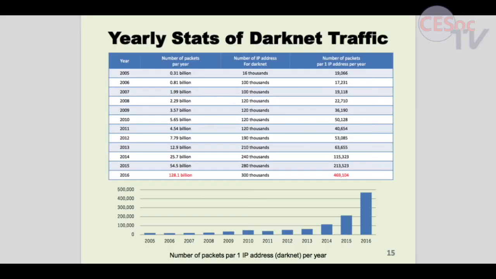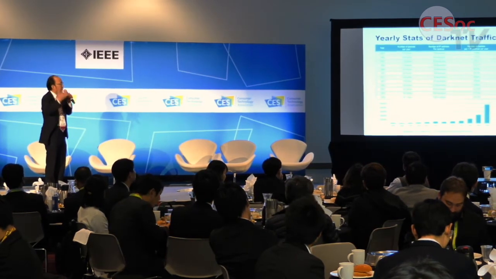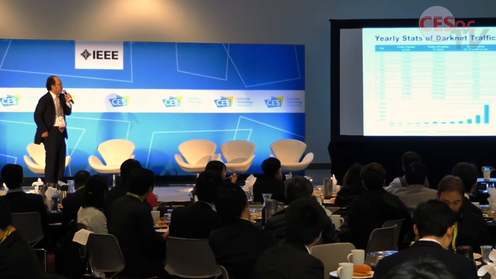This is yearly statistical data of darknet traffic, and we try to summarize the statistical data up to 2016. We have not yet produced the data for last year, 2017. But you can see the number of packets for one IP address in darknet per year is very much increasing.